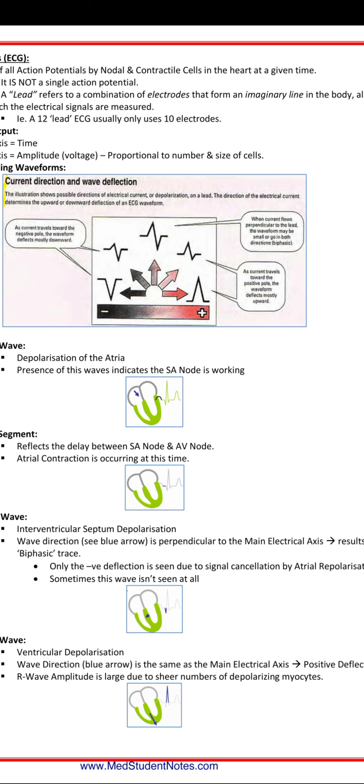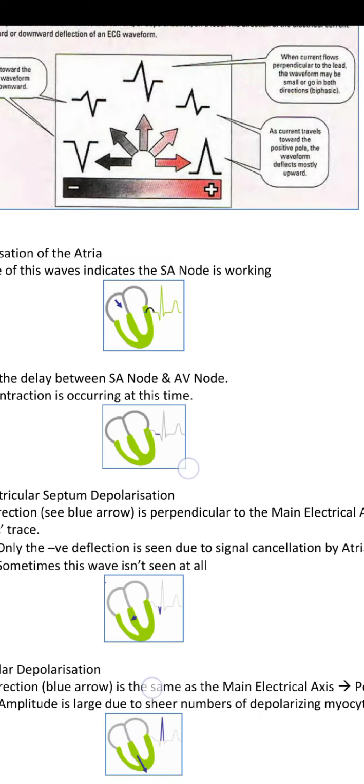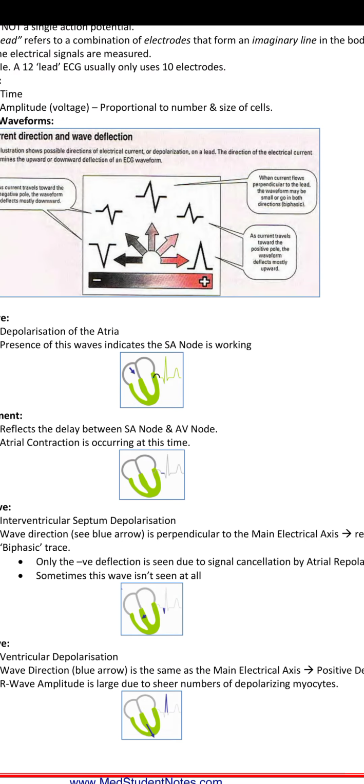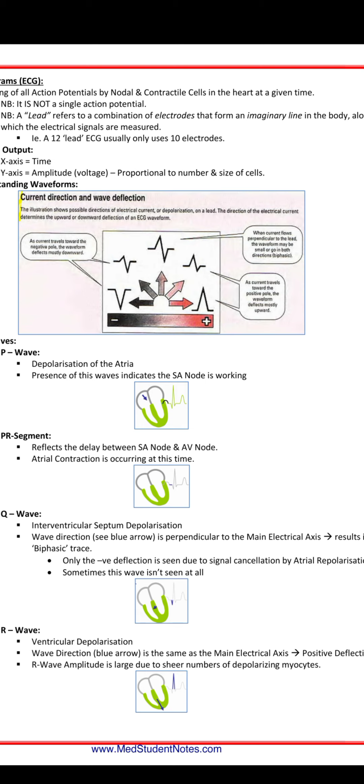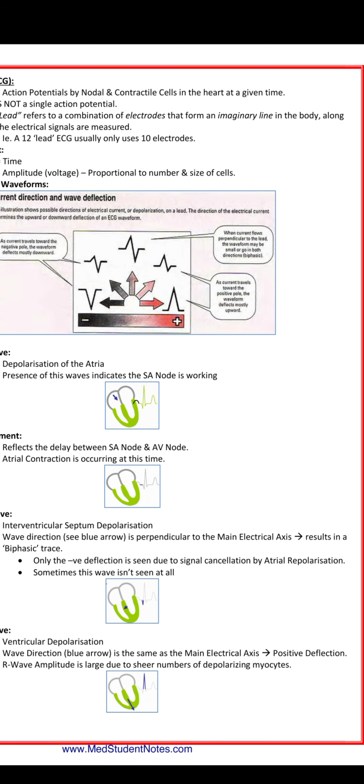So we can see the exact wave position or direction. It results in a biphasic trace. See the blue arrow: it is perpendicular to the main electrical axis.